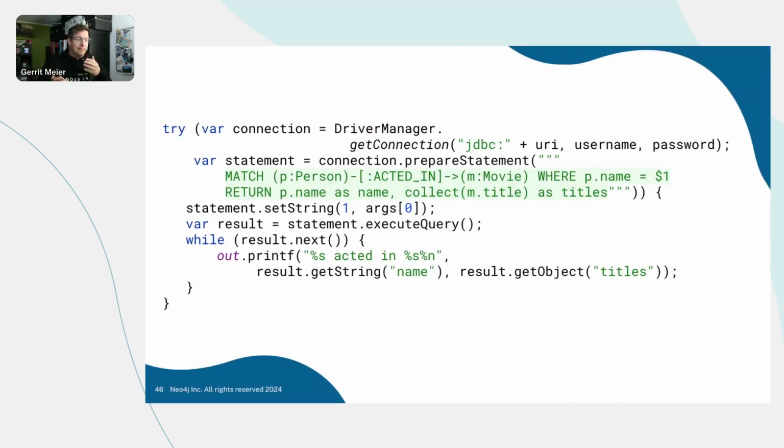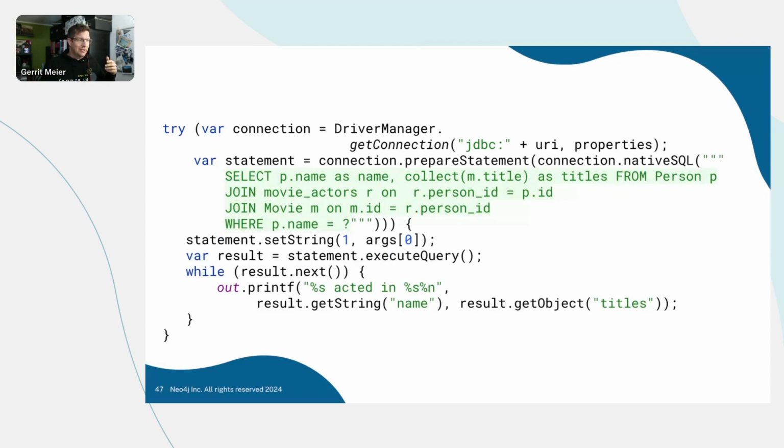All right, and of course, you can use the driver also as a library. So here you see the very same example that we had before, but parameterized. So it looks like a JDBC SQL query, but it's Cypher. I can add parameters to this and execute it.